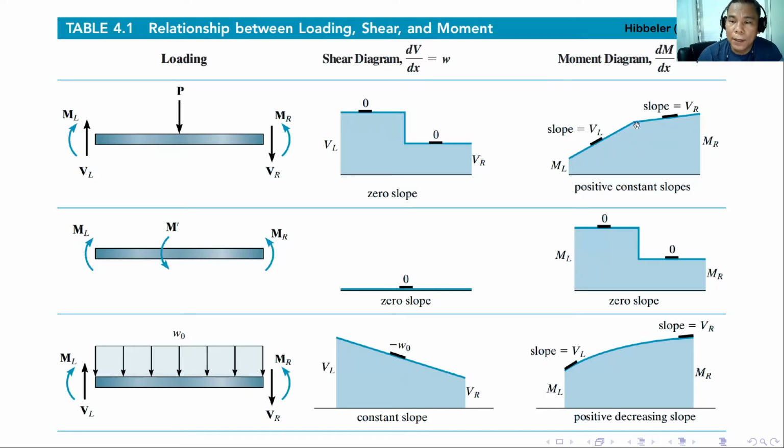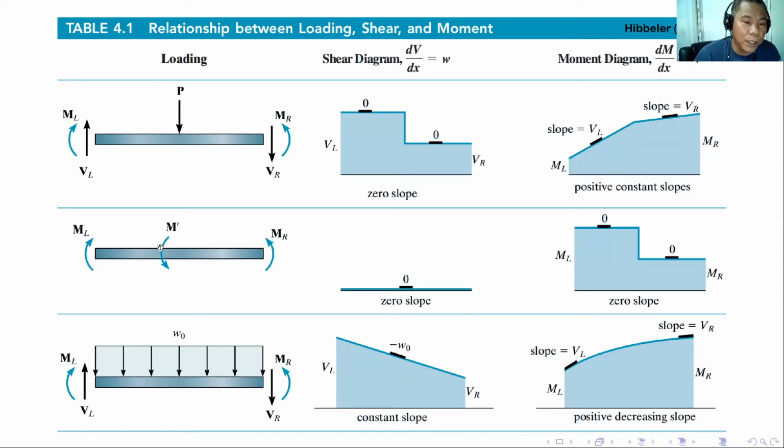Then at the point of discontinuity, that is at the point of loading of P, the slope will change because the shear here is equal to VR. The slope will be equal to VR, and then there will be a sudden downward jump which is equal to MR. So as you can see, we are using directly the definition that the change in shear is equal to W, and the change in moment is equal to V.